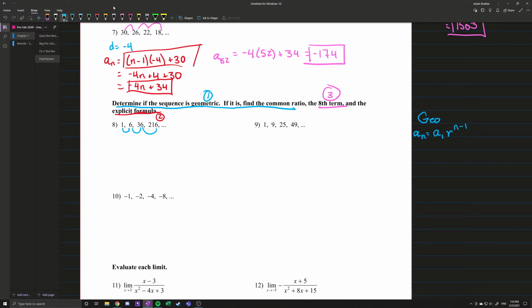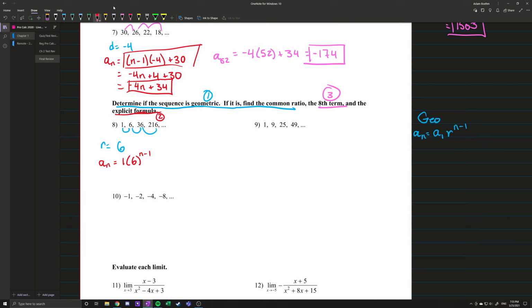Okay, so this is going to be our common ratio. That's what we should look at first. It is going to be 6, right? Because to get to each term, we have to multiply the last one by 6. Then our explicit formula, right? So an in this case is going to be our first term times our common ratio to the power of n minus 1.